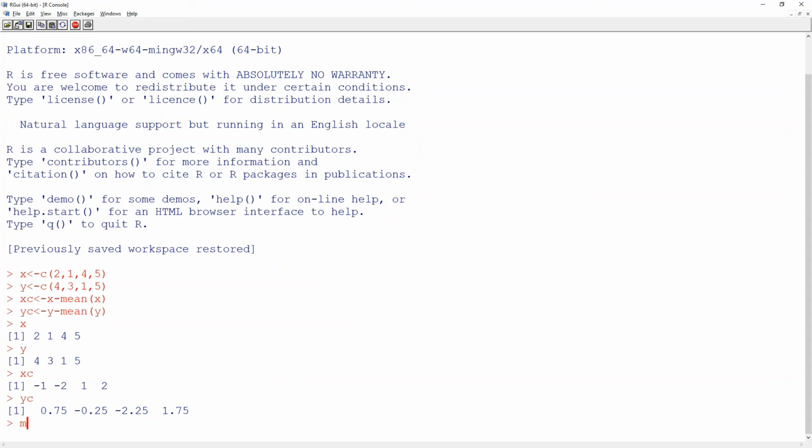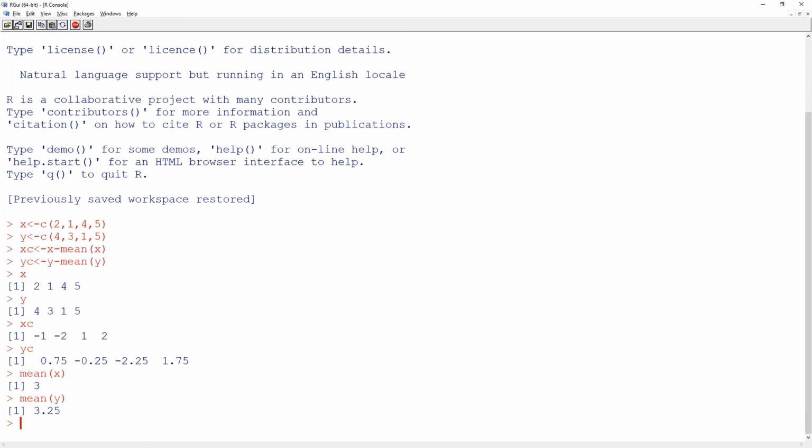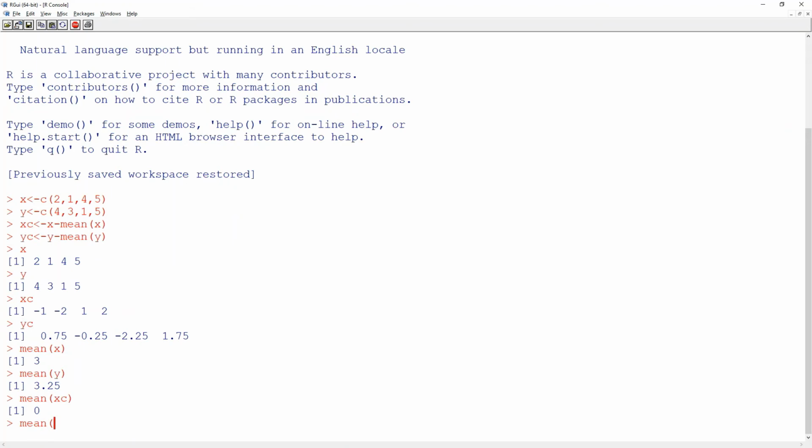The mean of x is equal to 3. The mean of y is equal to 3.25. What about the mean of xc? Logically, if you have already demeaned or centered the data, the mean of xc should be equal to 0, and the mean of yc logically should be equal to 0.